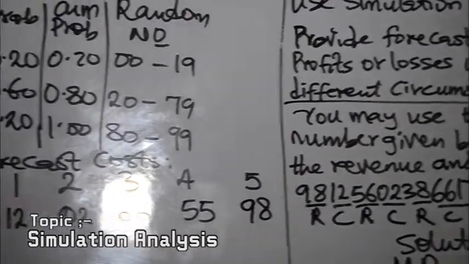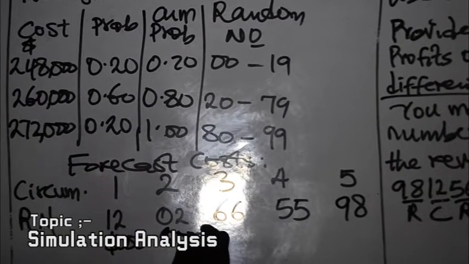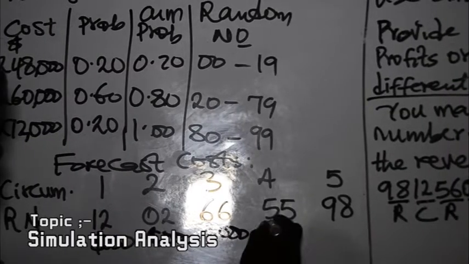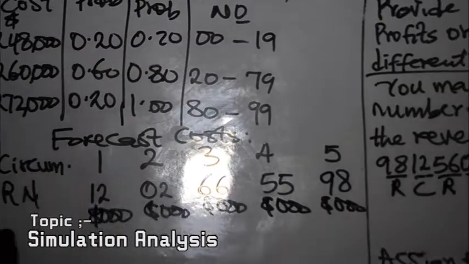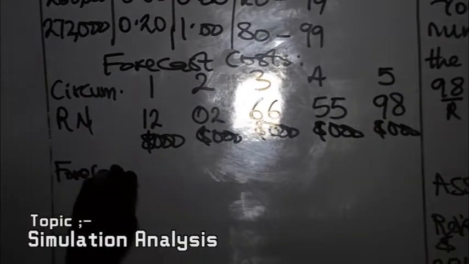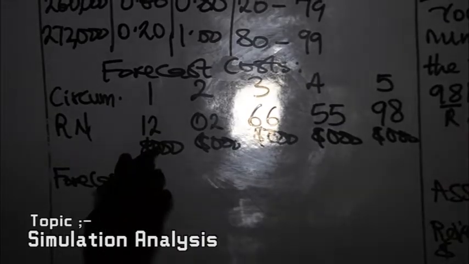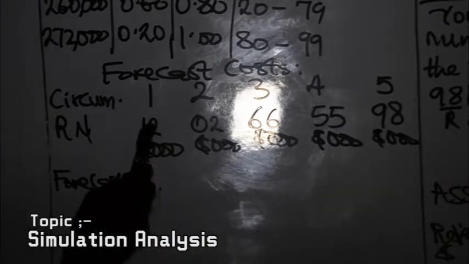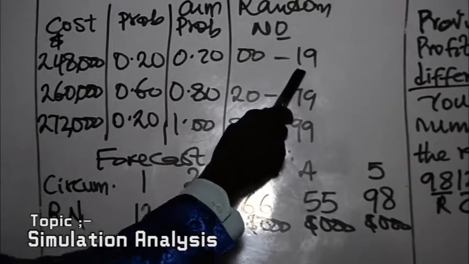Now let's have our forecast cost. The first random number is 12, and 12 is feasible between 00 and 19.